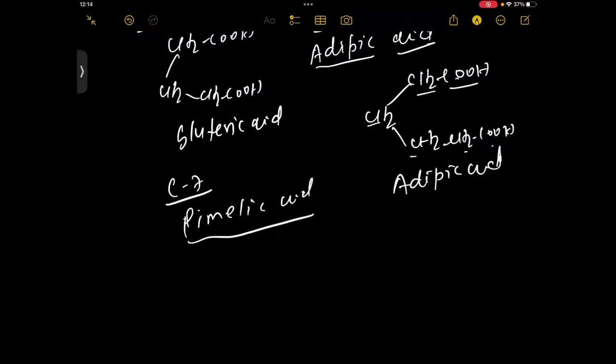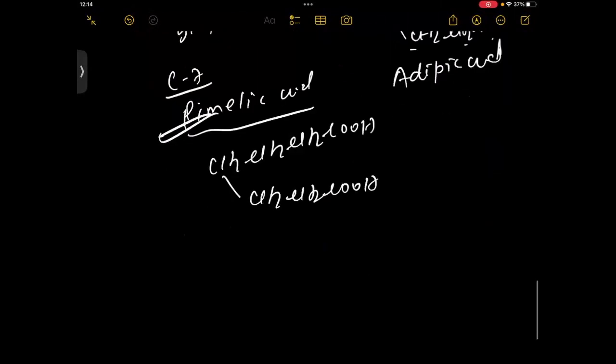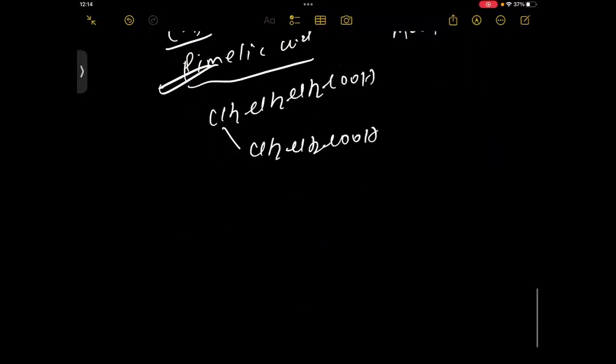COOH, CH2, CH2, CH2, CH2, CH2, COOH: 3 carbons, 4 carbon, 5 carbon, 6 carbon, and 7 carbon. That is the pimelic acid. Okay. Still, cis trans means what? Cis trans means we write the cis maleic acid. Okay. Cis maleic acid is what? And next is the trans fumaric acid.